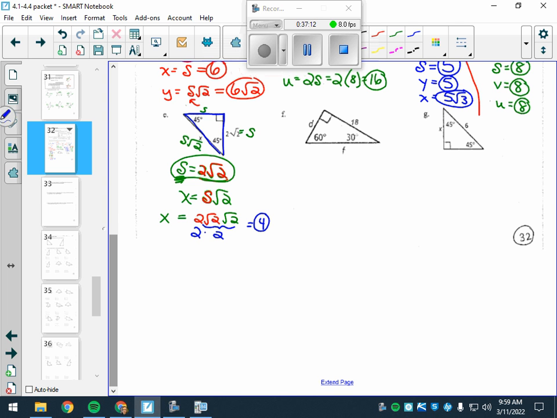But if the s's have radicals, then usually the hypotenuse ends up a whole number. Not always, but usually. Okay? All right, so let's look at F. Side across from 30 is s. Across from 60 is s root 3. Across from 90 is 2s.